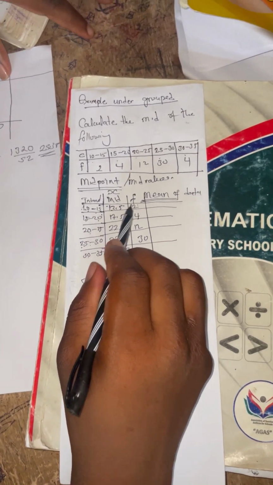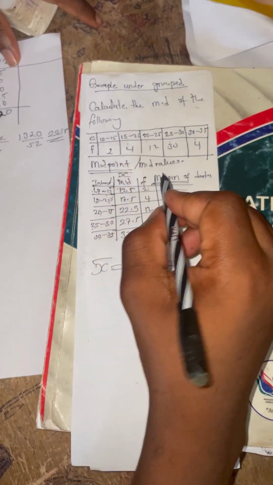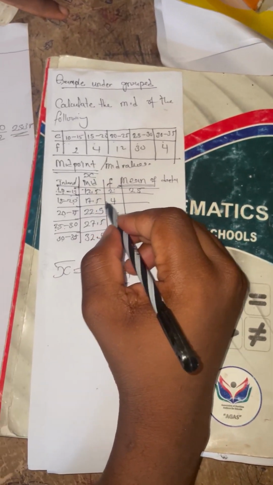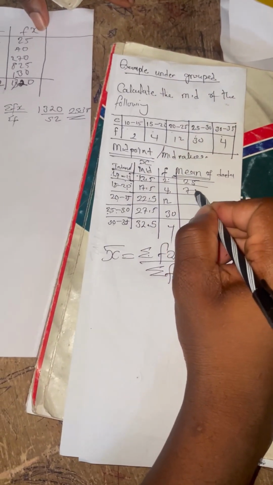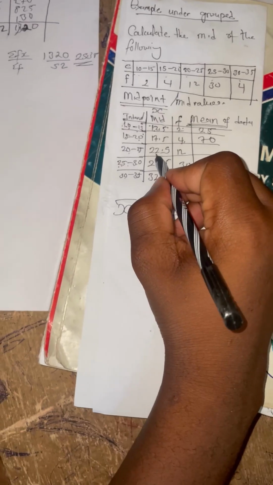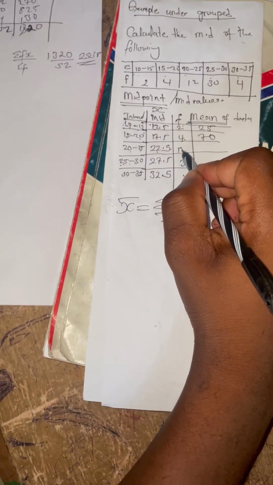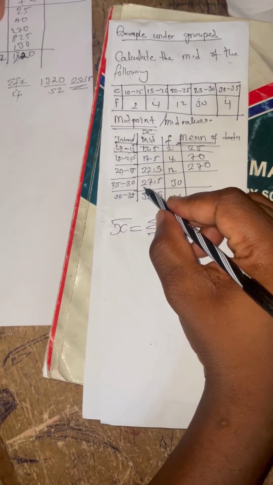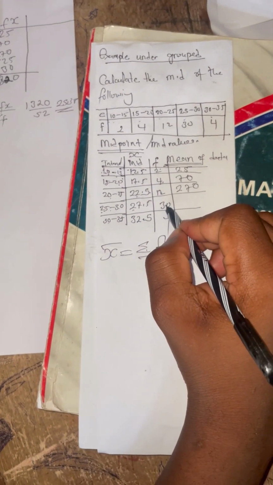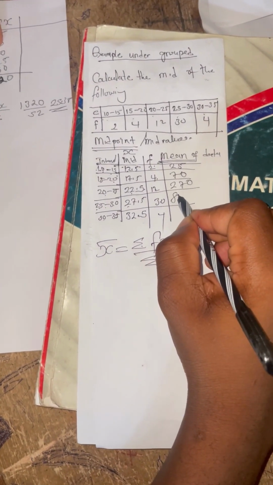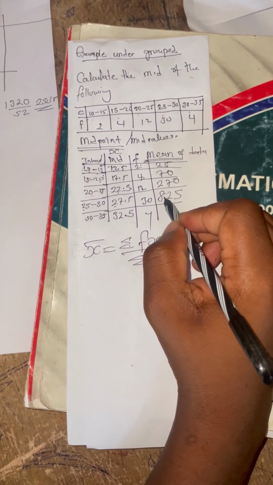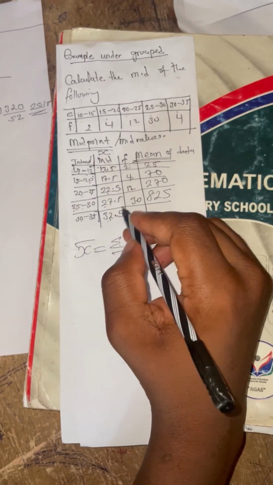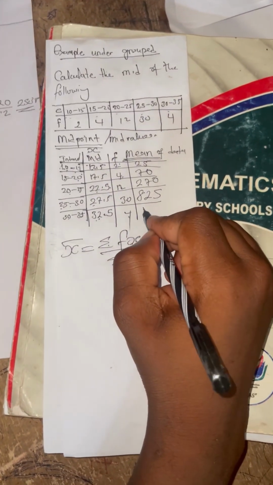You understand? Now, when we multiply 2 and 12.5, we are going to have 25. If we multiply 17.5 times 4, we are going to have 70. So 22.5 times 12, we are going to have 270. Now 27.5 times 30, we are going to have 825, and 32.5 times 4, we are going to have 130.